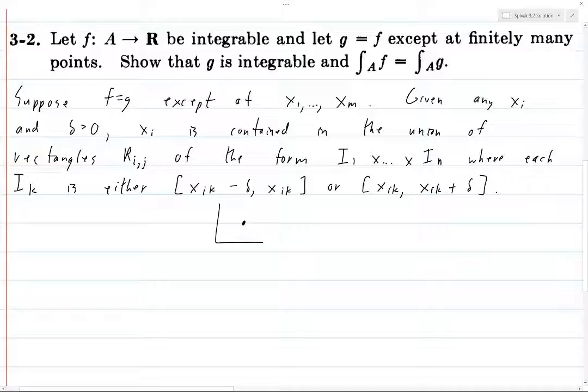So we can draw a picture like this and break it up like this. We've got four rectangles here, and each rectangle touches this point at precisely one of its corners. And if you take the union of these rectangles, then the point is in the interior of that union.